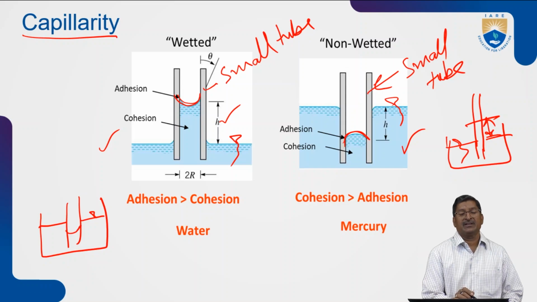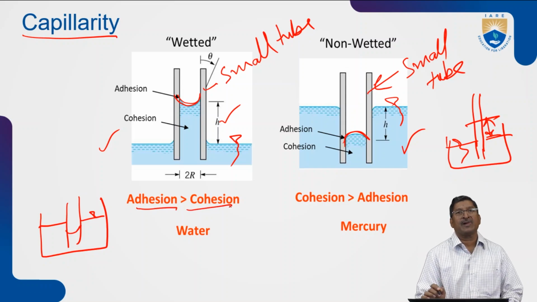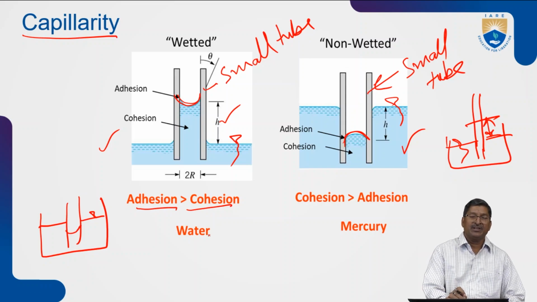Why is it happening? Here there are two words: adhesion and cohesion. What is the meaning of adhesion? And what is cohesion here? Adhesion is the attraction between molecules of different materials. Here, what is different?